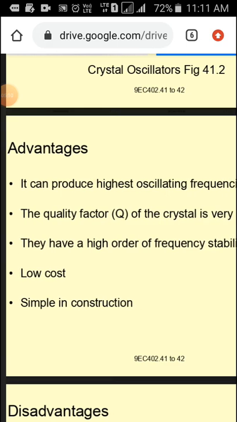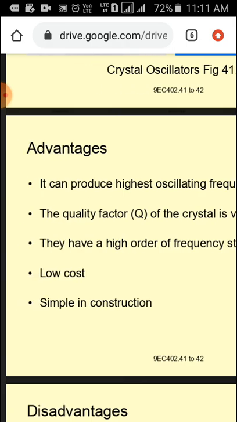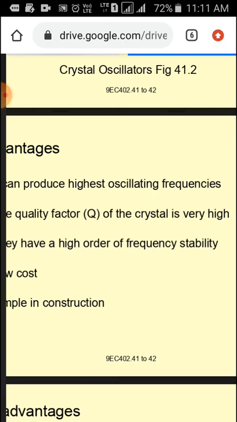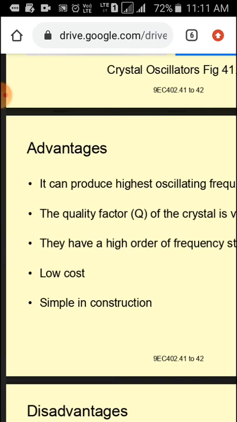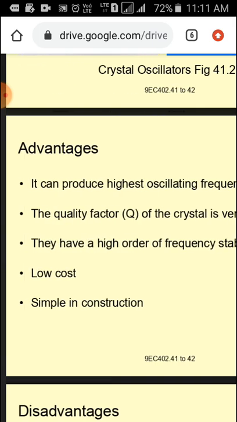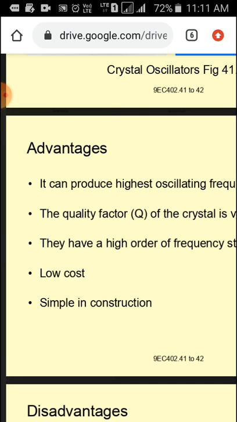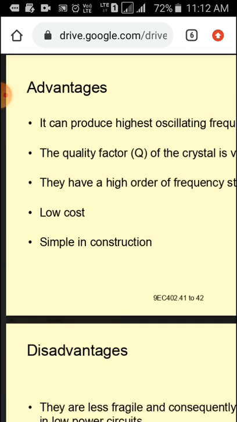Advantages: it can produce the highest oscillating frequencies. The quality factor Q of the crystal is very high. They have a high order of frequency stability, low cost, and are simple in construction.